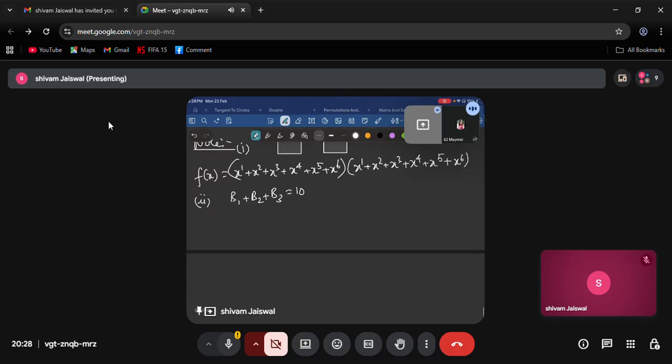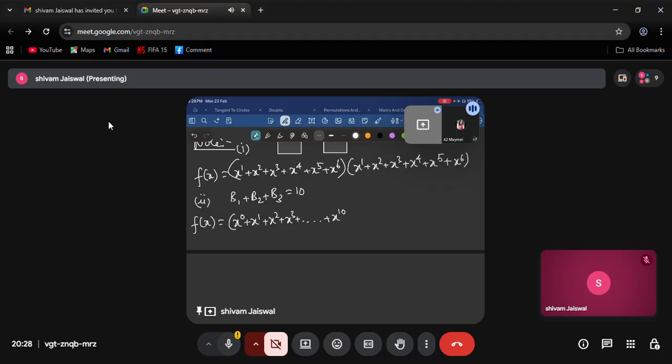Okay, so tell me, how to think about the polynomial function for distribution of 10 coins to three beggars. See, what are the things that can happen? Write down all possible outcomes. It can happen that B1 has got 0 coins, or 1 coin, or 2 coins, or 3 coins, or up to 10 coins.